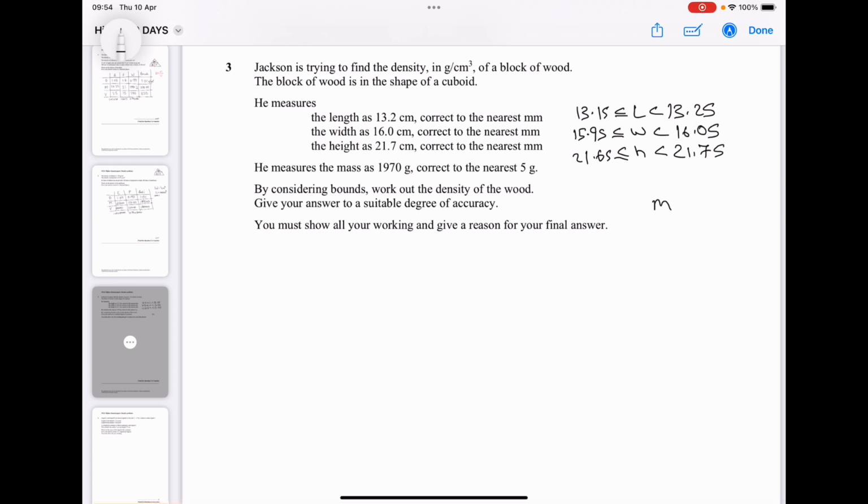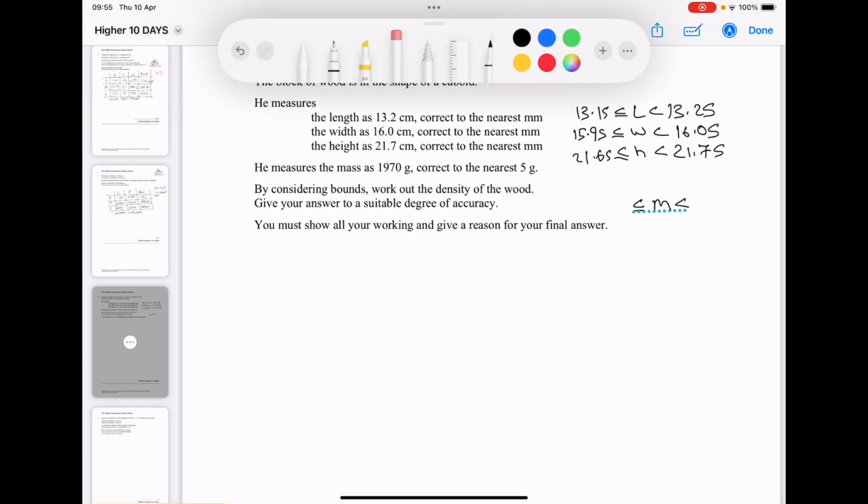Now some of you struggle with this one, because it's to the nearest 5, you actually go 2.5 either way. So the upper bound is 1972.5, and then if we take 2.5 off, we've got 1967.5. Just take 2.5 off either side.